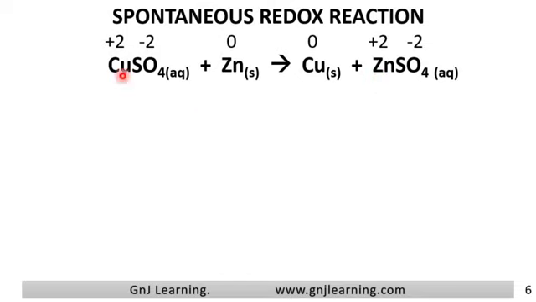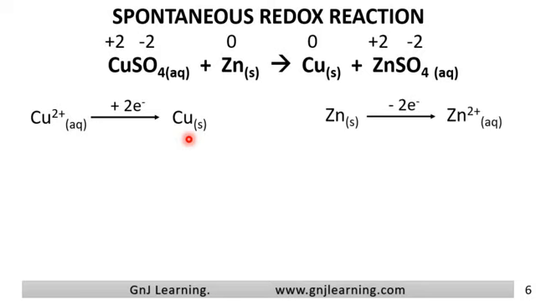So that means copper, its oxidation number from +2 to 0, has been reduced. So reduction has taken place for copper. So this is what happened. Cu2+ has gained 2 electrons to become Cu metal.